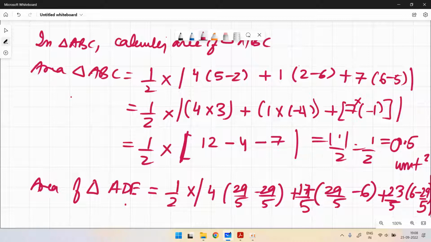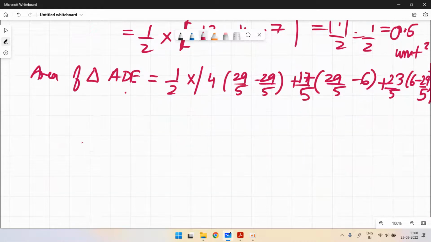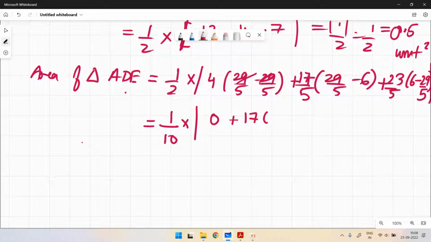So if you solve this, I am taking 5 out for simplicity. So 5 into 2 is 10 by 10 mod, this gets cancelled, so this is ultimately 0, plus 17 into 29 minus 30 is minus 1, plus 30 minus 29 is 1, so 23 into 1.